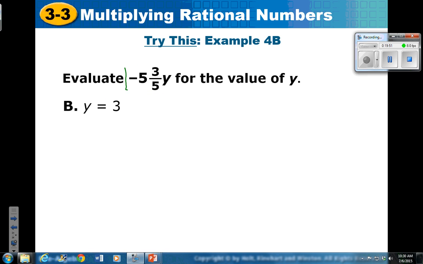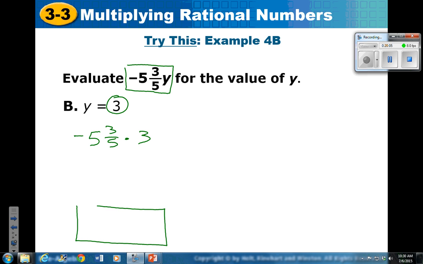Okay, they gave us the same expression with a different value for our variable. Okay, let's take care of that. Negative times positive is negative. This as an improper again is 28 over 5, and we'll put our 3 over a 1. This time we don't have anything that we can cancel, so we're going to have to actually do the 28 times 3.